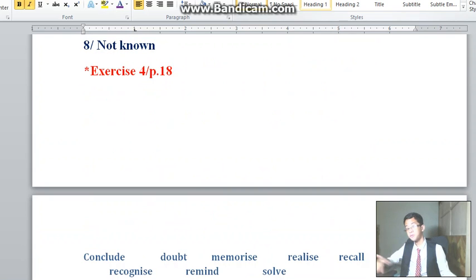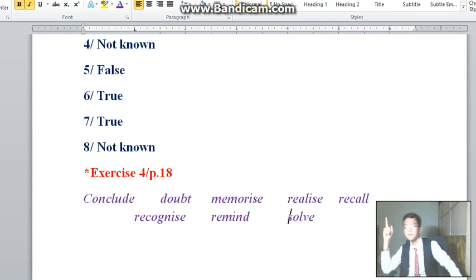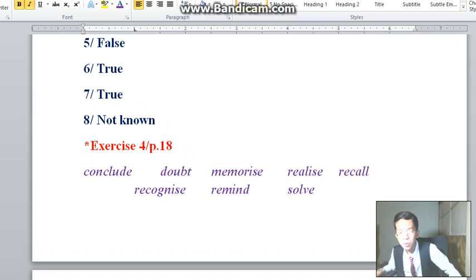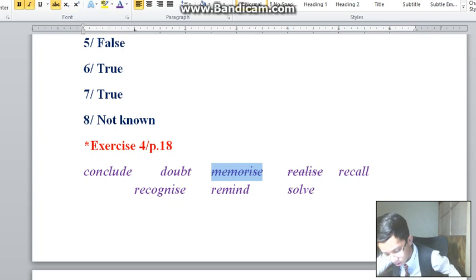Okay, so I have input some of these words for you. We have already got realize, memorize, and solve.